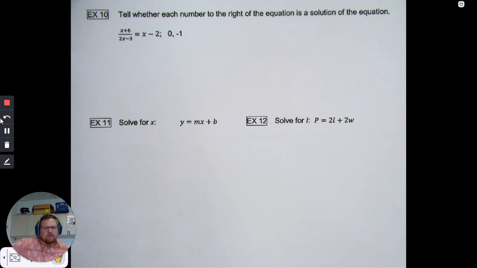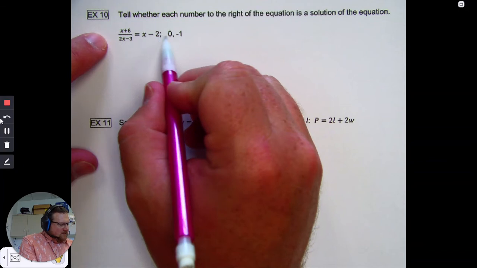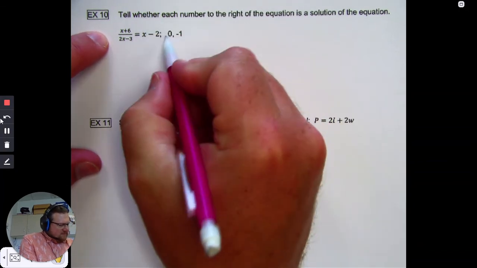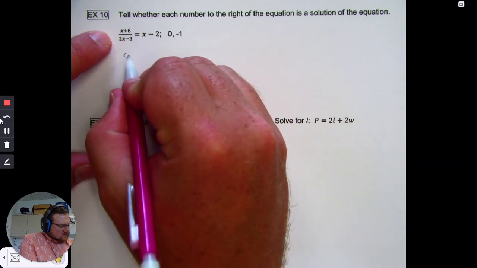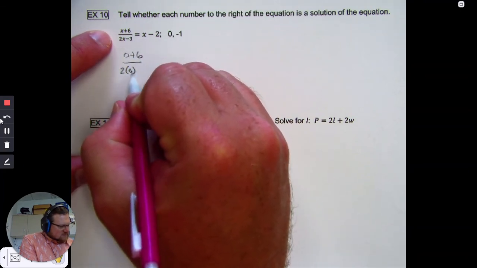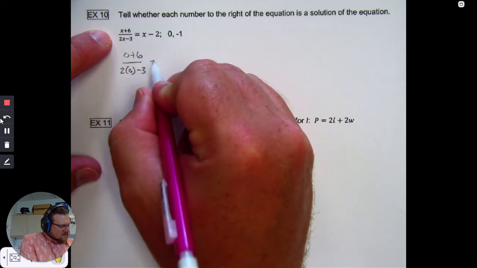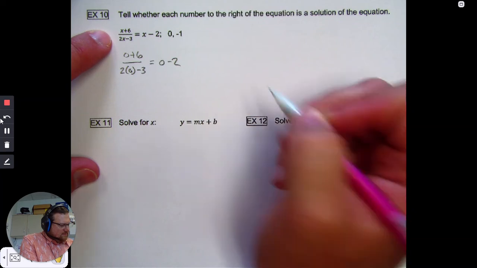Okay, it says tell whether each number to the right of the equation is a solution of the equation. So what they're asking is, does this give us a true statement? So if I put 0 in for each spot for x, does it give me a true statement? So does 0 plus 6 over 2 times 0 minus 3 equal 0 minus 2?